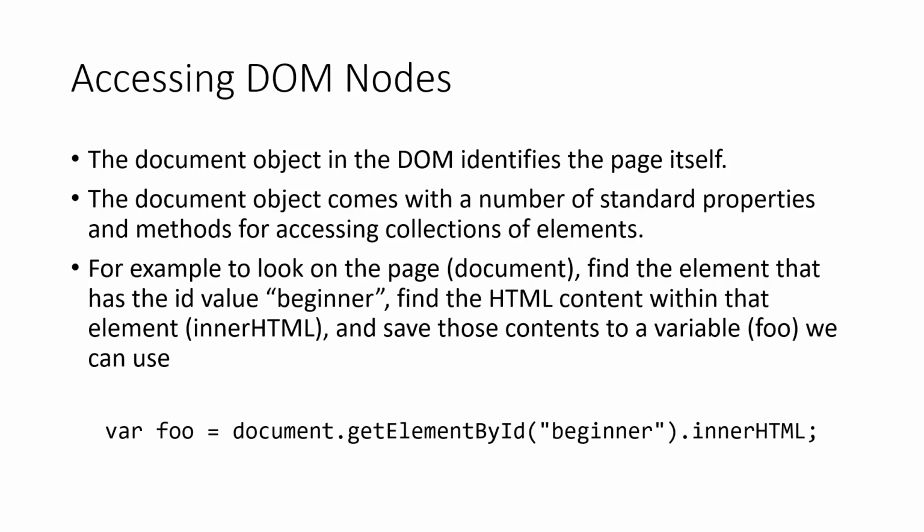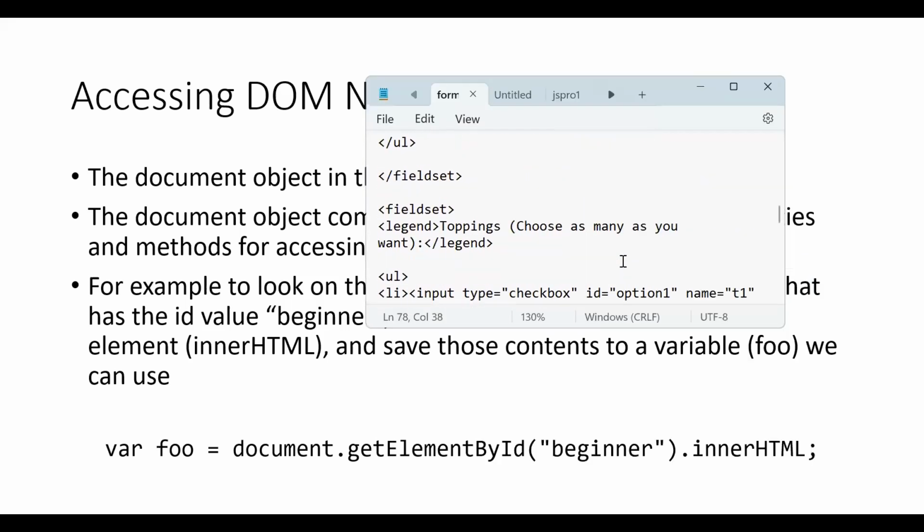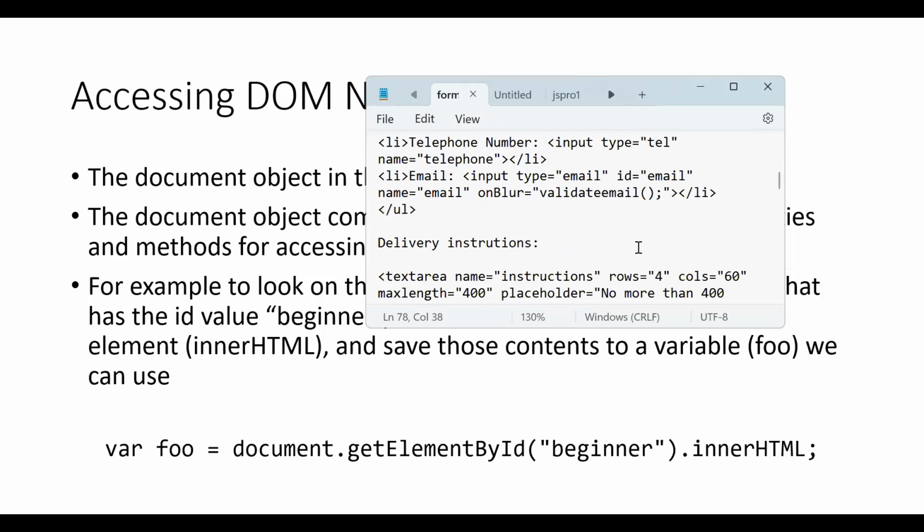So I'm going to go back to my document. So here is what we have. And then let's look at some element. You have to have some ID element in this particular case, and whatever you provide in the ID, you are going to get that.